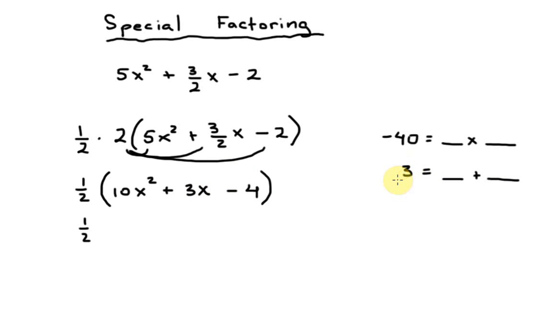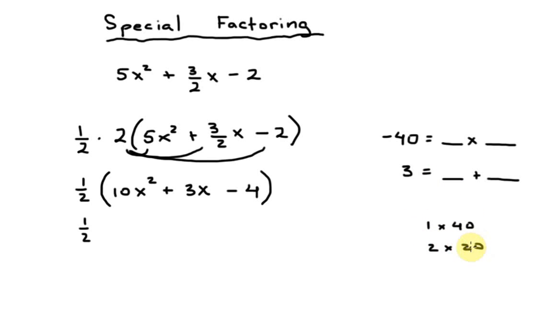So I have to think about what numbers might meet this requirement. You can go through your candidates. Like you can try 1 and 40, but there's no way I could add these together to make a 3. So let's move on.